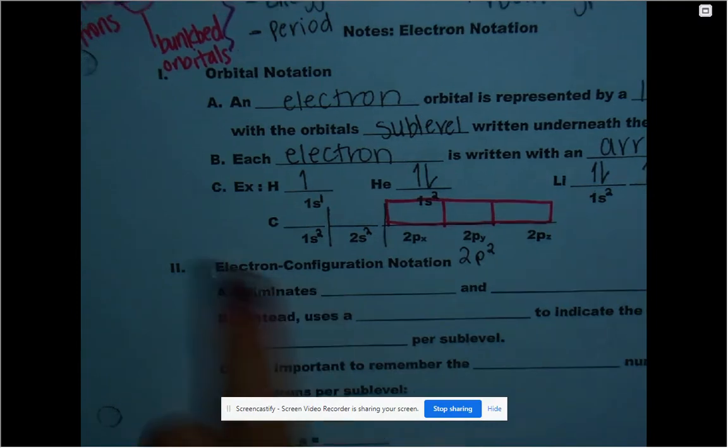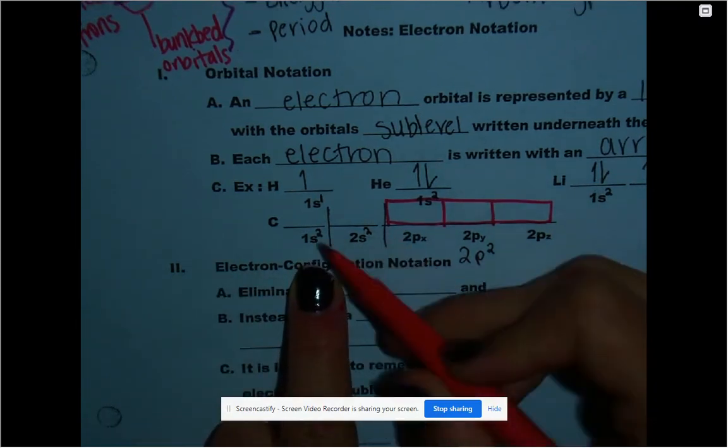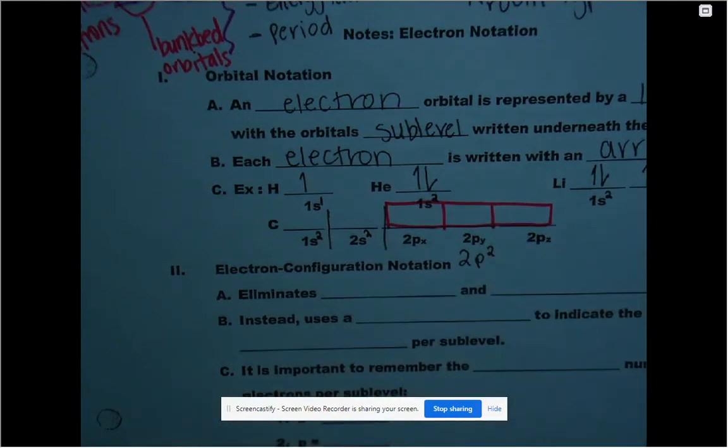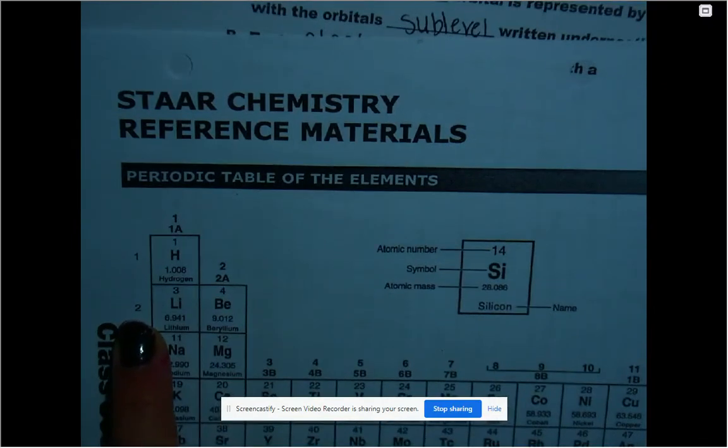So, carbon, okay? We started writing down the electron configuration underneath. So we said 1s2, 2s2, 2p2. What was 2p2? What did that mean? Second row. Where's the P sublevel?